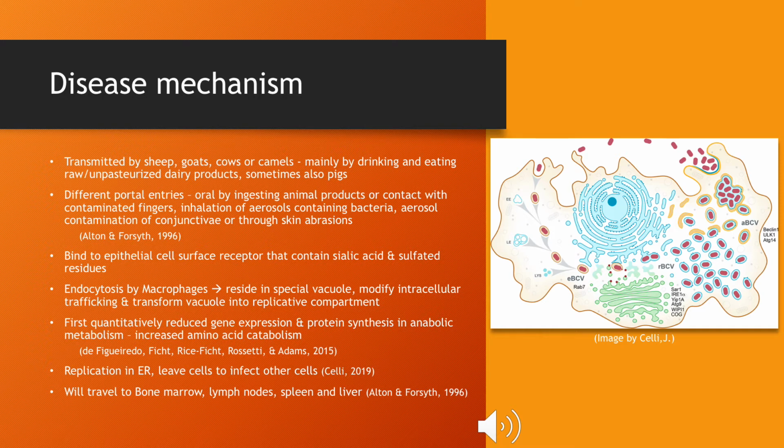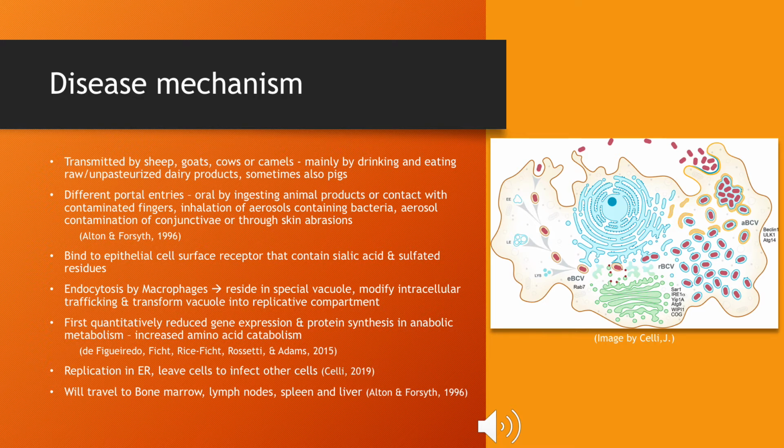Once it is inside the host, it binds to epithelial cell surface receptor that contains sialic acid and sulfated residues. It does get into the cell by endocytosis by macrophages, where it then resides inside a special vacuole for 8 to 12 hours after infection, modifies intracellular trafficking, and transforms the vacuole into replicative compartments.